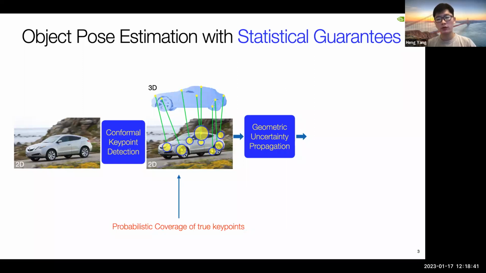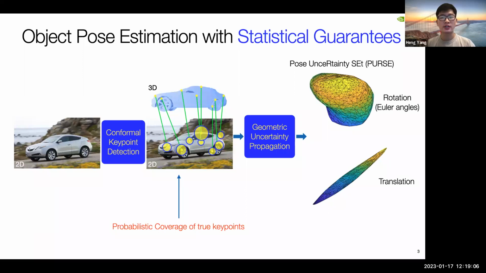What we will do is only propagate the uncertainty in the 2D keypoints. These different circles or different shapes give us some kind of bounded noise along the ground truth keypoints. We will just propagate these bounds, or this uncertainty, from the keypoints to the 3D rotation and translation. The result of this is something that we call a pose uncertainty set, which in short we call a PURSE. This pose uncertainty set is going to be some non-convex set, but we will have scalable ways to characterize it.